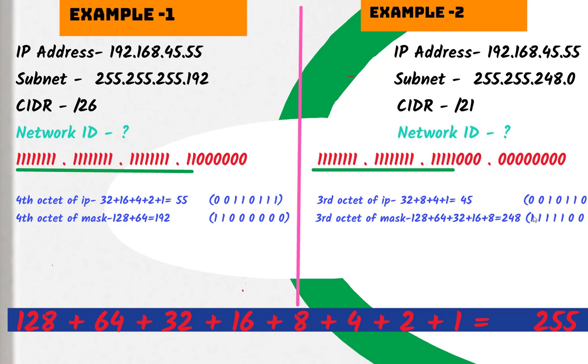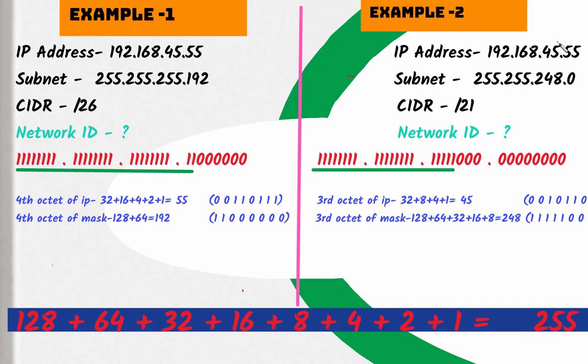Now let's take 2 examples to calculate the network ID. So the first one, the IP address I have taken is 192.168.45.55 and the subnet is 255.255.255.192, and definitely for that the CIDR is 26, because the first 3 octets are full, that means 8, 8, 8, 24, and 192 comes from 128 plus 64, so 2 more bits, that means 24 plus 2 equals 26. So the CIDR is 26.